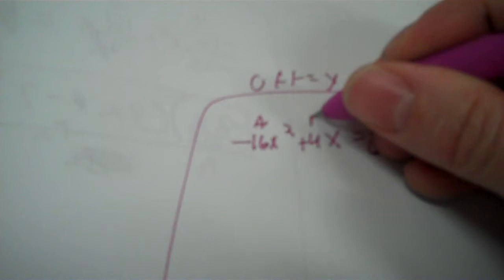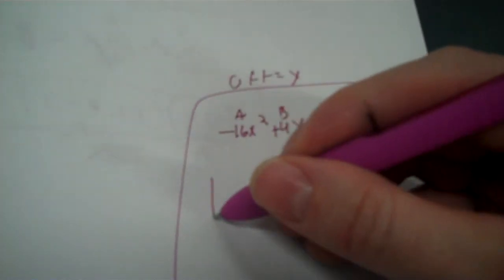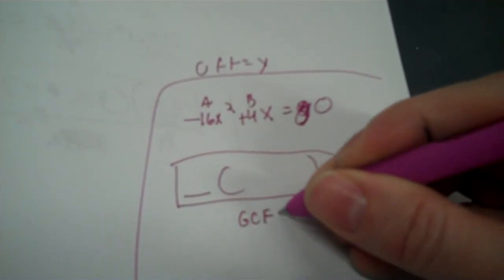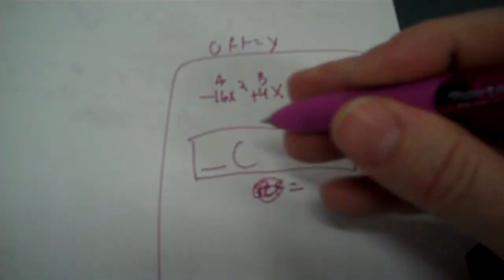Now, you've got two answers. Label your A, label your B, and make your box. You're good to go. You don't have to move anything. Put equals 0. Keep putting that here.